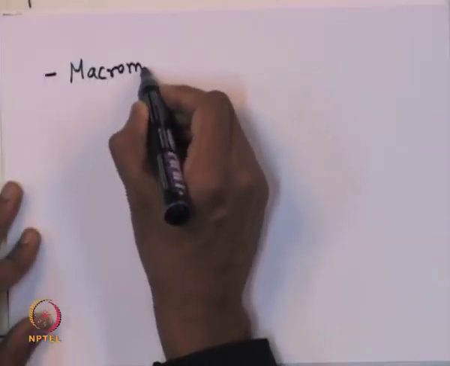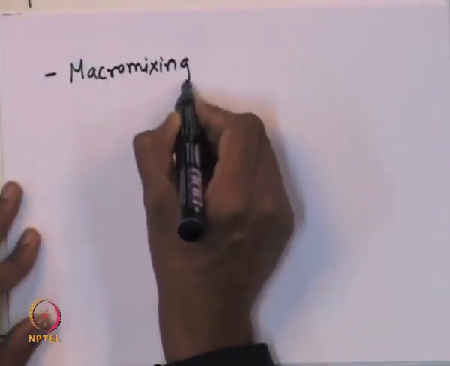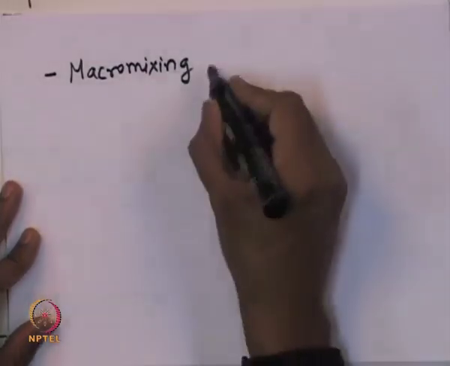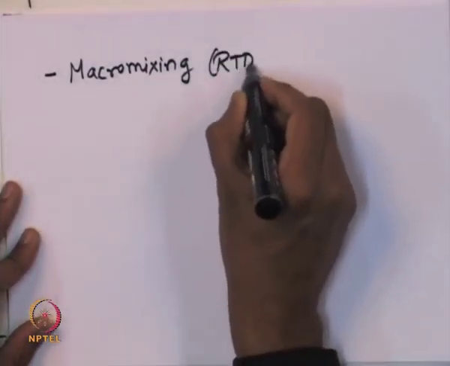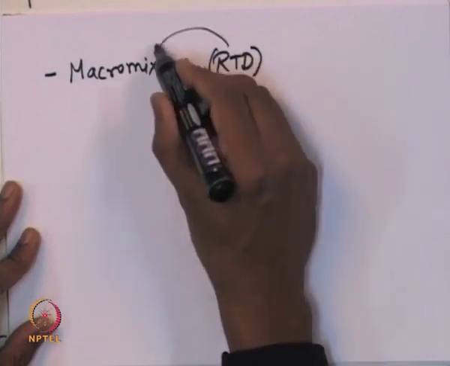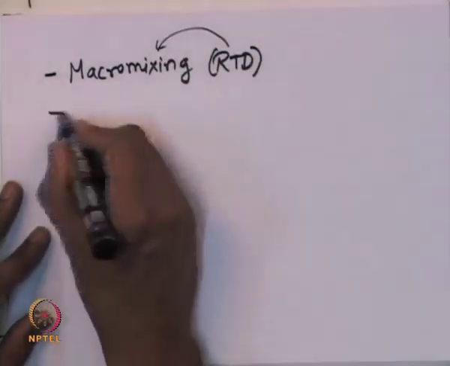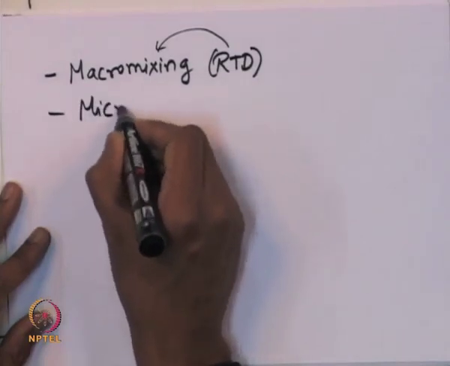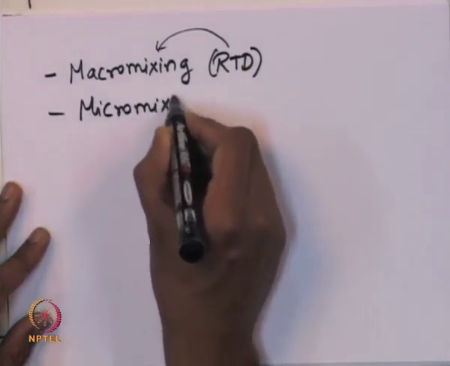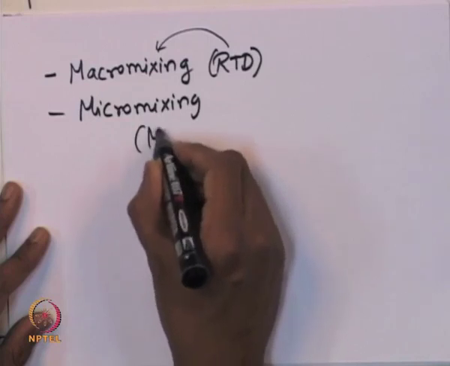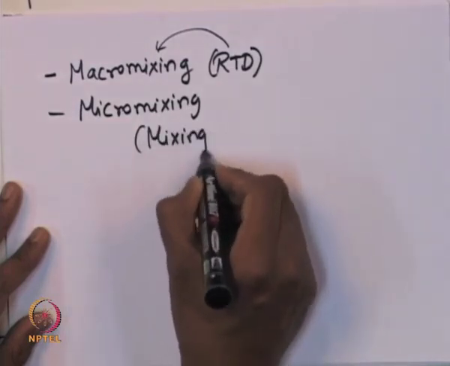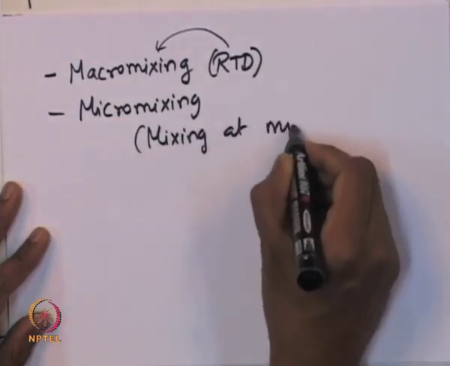One needs to look at the macro mixing, which is basically the residence time distribution, which captures the macro mixing. One needs to account for macro mixing in the system, and the other aspect is the micro mixing, that is, the mixing at micro scale.